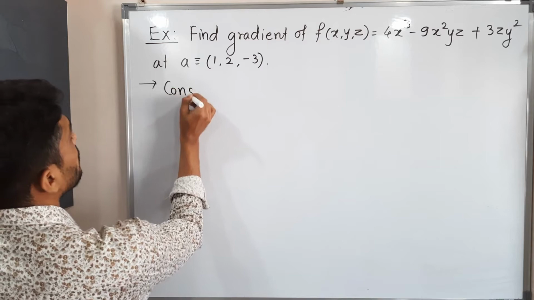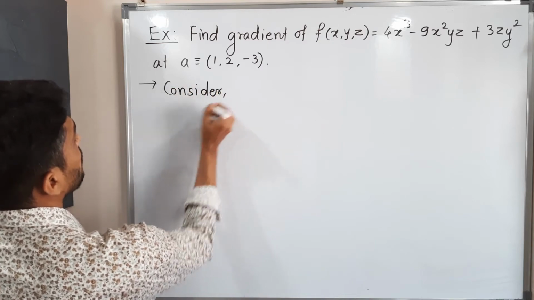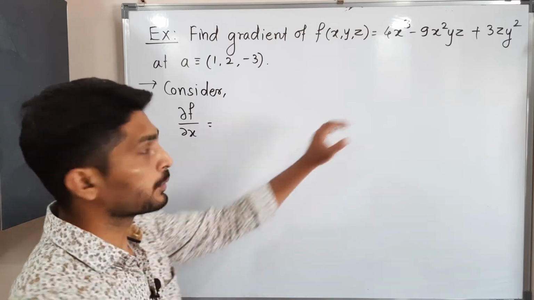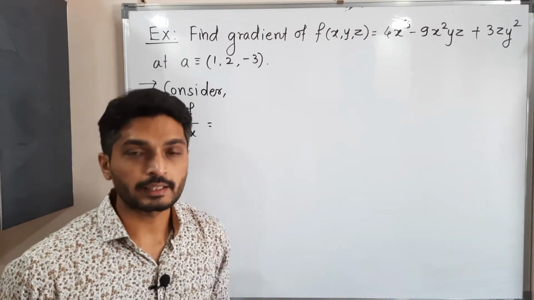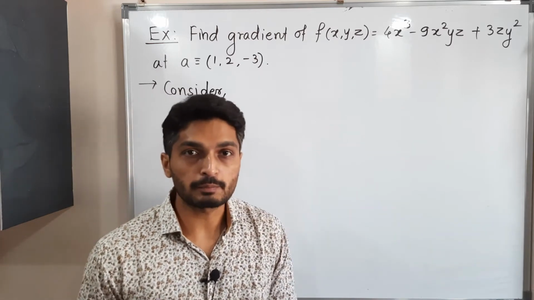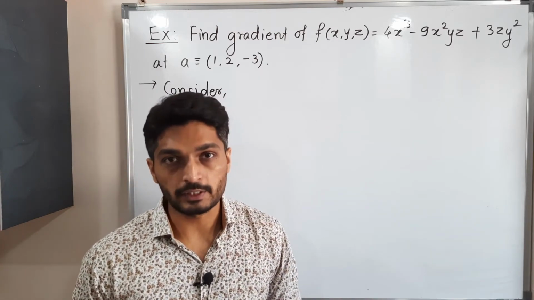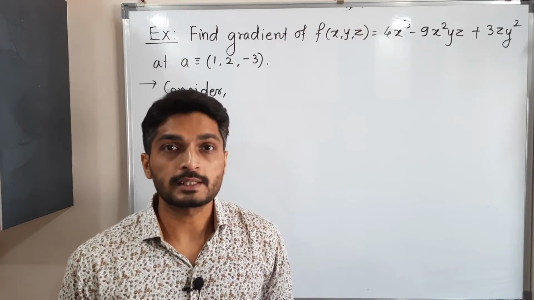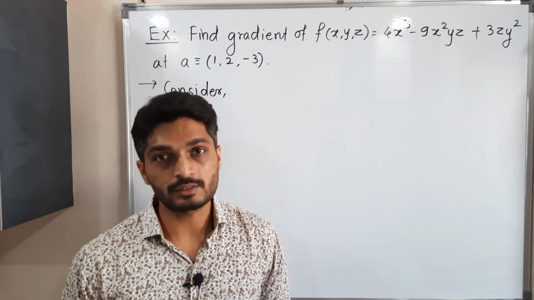Consider ∂f/∂x. Its derivative with respect to x I am finding directly since it's very simple. Addition and subtraction are there, so we take separate derivatives. As we are taking derivative with respect to x, y and z are constants.